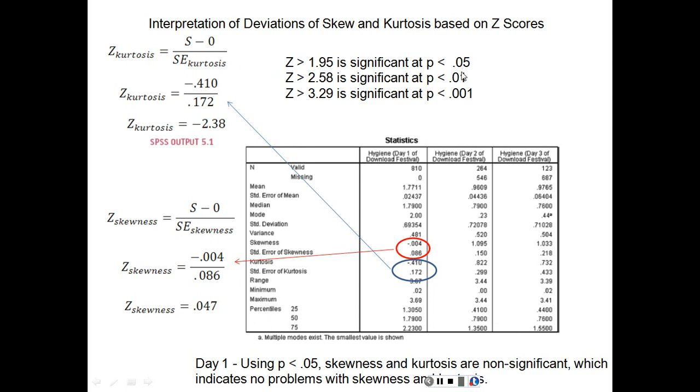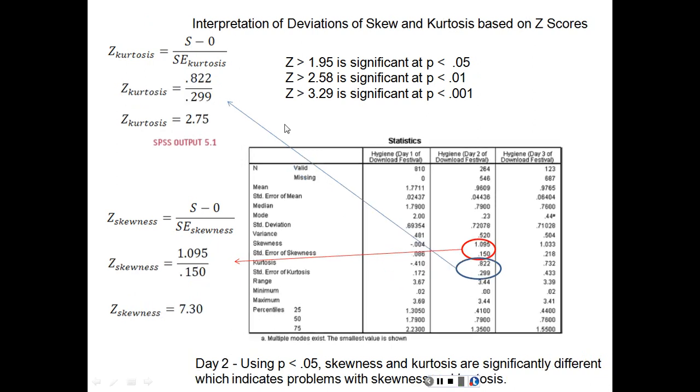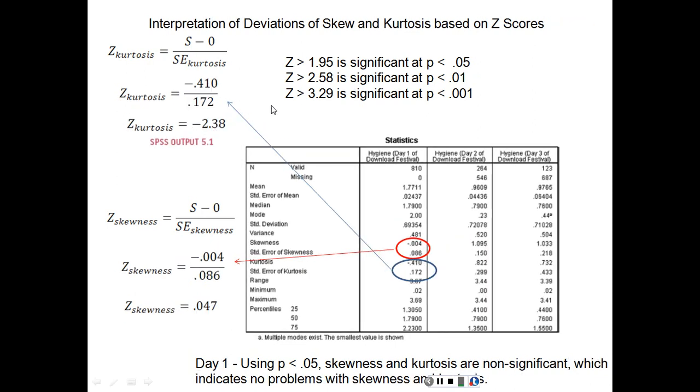Okay? So if it's significant, there is a problem with kurtosis. But in this case, it is less than 1.95, so I do not have any problems with kurtosis for day 1. I'm only looking at day 1 here.